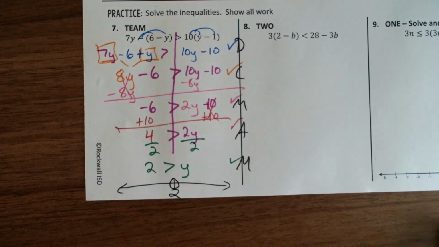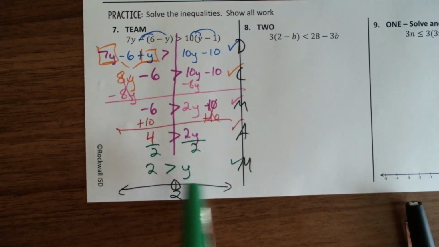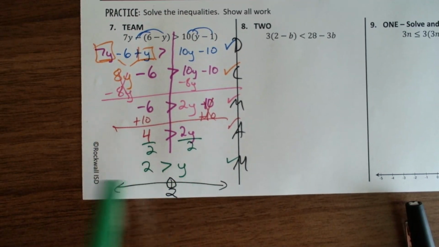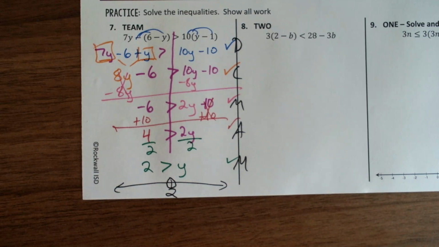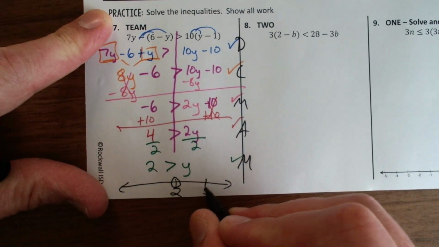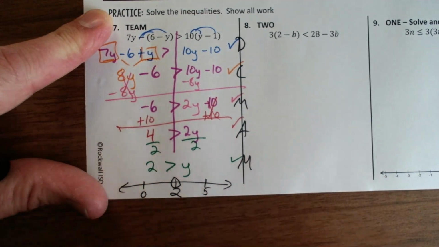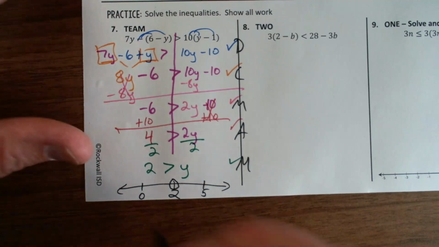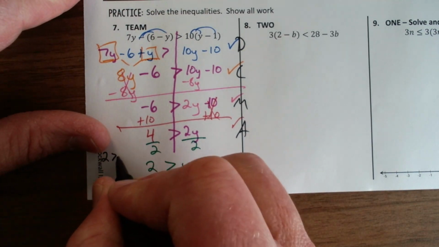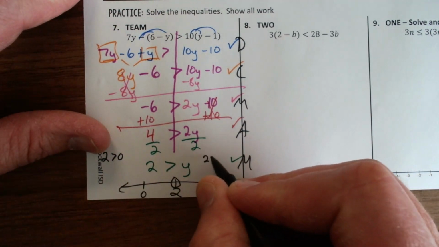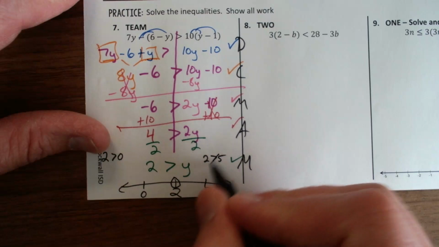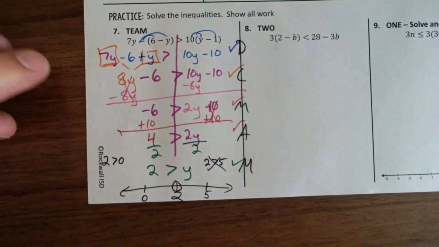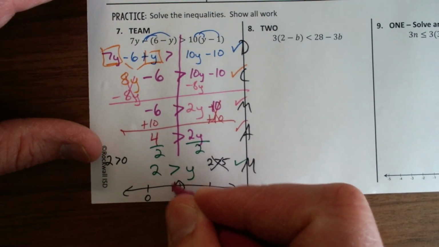Now I have to decide, do I want the y values going this way or this way? If I put a number out here like 5 and another number out here like 0, which one would be true? Is 2 greater than 0 or is 2 greater than 5? This one's not true, so I would shade this way.